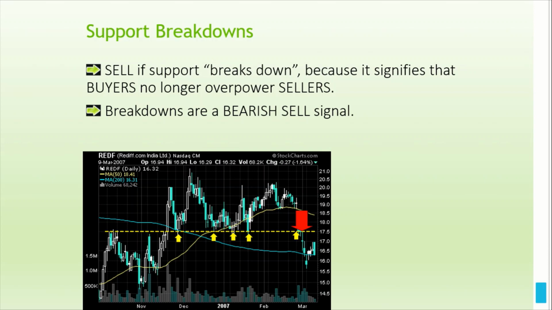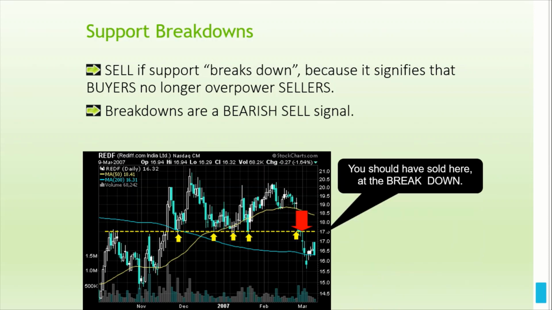Okay? So that's how traders make money out of trading stocks. So yan, you should have sold here at the breakdown bago pa magtuloy-tuloy yung decrease.